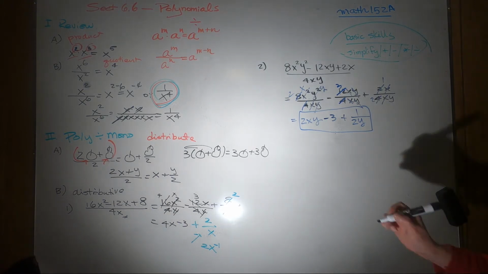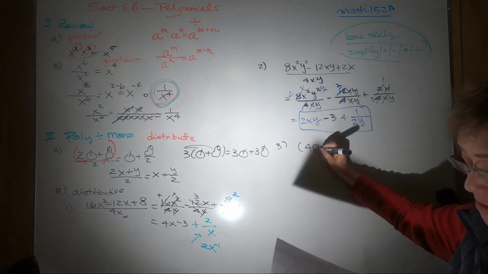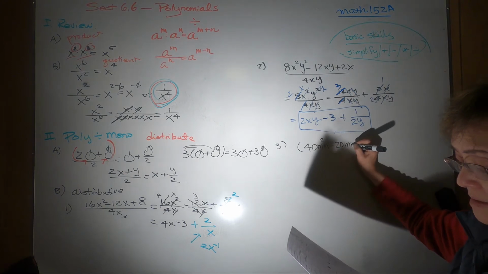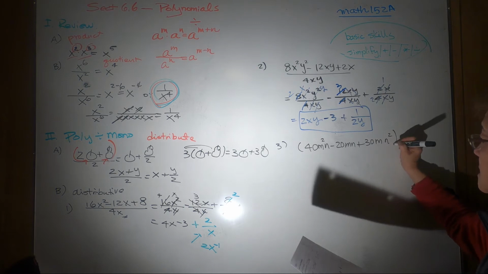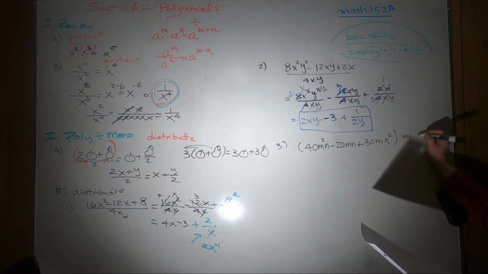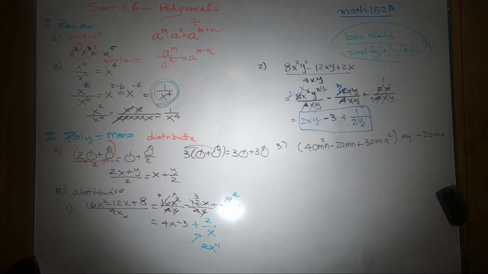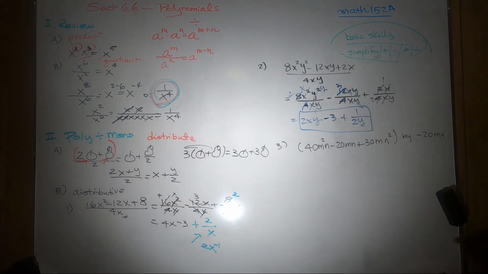Right? Next one, we say divide this thing, 40m squared n minus 20mn plus 30m n squared by what? Negative 20mn. All right? Divide this by this. So it's hard to see. You need to write it vertically, like this. Okay?